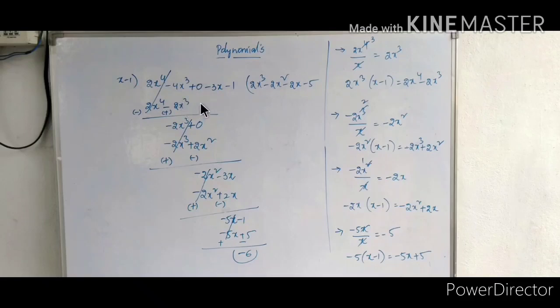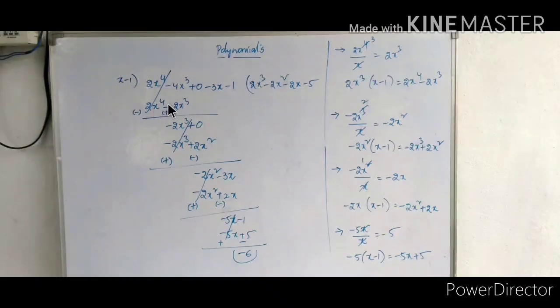So in our first step, divide the first term. So 2x power 4 by x, that is equal to 2x cube. It becomes the first term in your quotient. Multiply this quotient with our divisor.